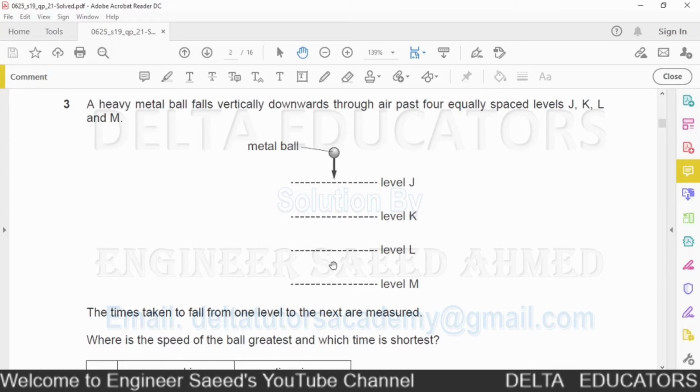So definitely the greatest speed, the greatest velocity will be in the ball when it is moving in between the level L and M. Now what about the time?